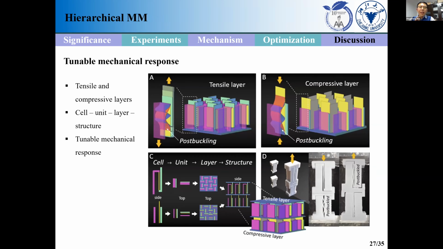In this particular study, we developed this kind of layered mechanical nanomaterial. The top layer is designed for the tensile load, and the bottom layer is designed for compressive loading, and we put the top and bottom together, one after the other. So all in all, the structure can deform under both tension and compression.